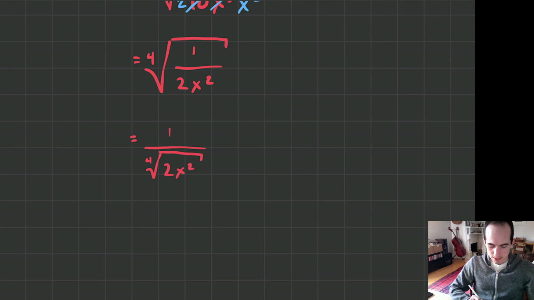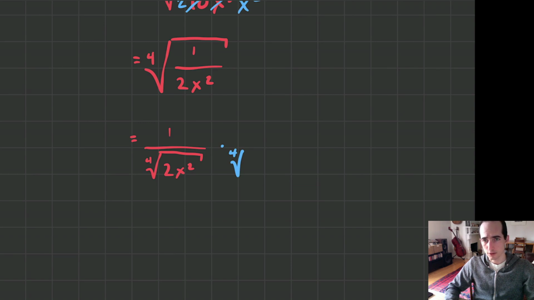Okay. So now what I have to do is multiply the numerator and the denominator by something that's going to get rid of the fourth root on the denominator. So it's going to have to be a fourth root of something. Let's think about how I could get rid of that 2. Well, 2 is not a perfect fourth power, right?